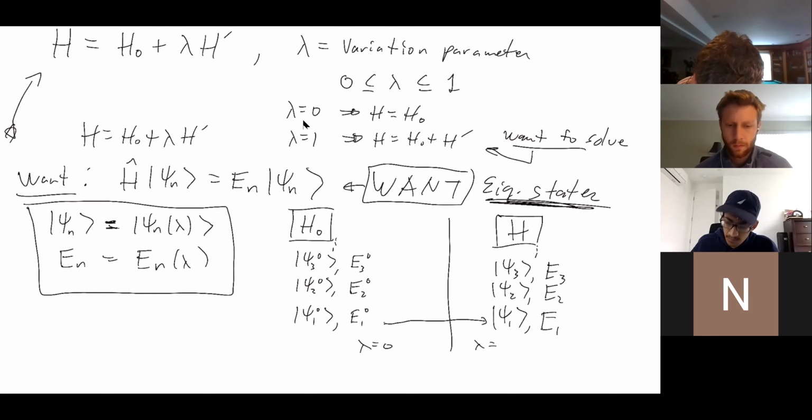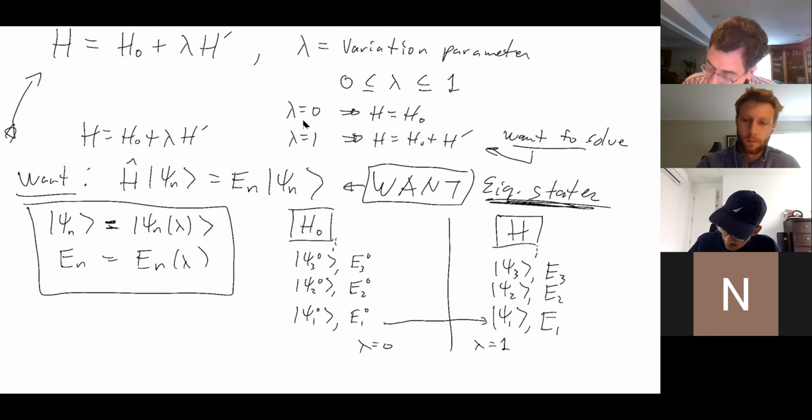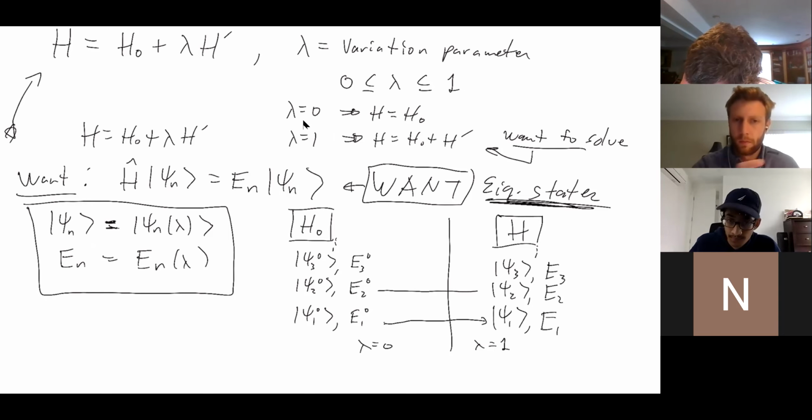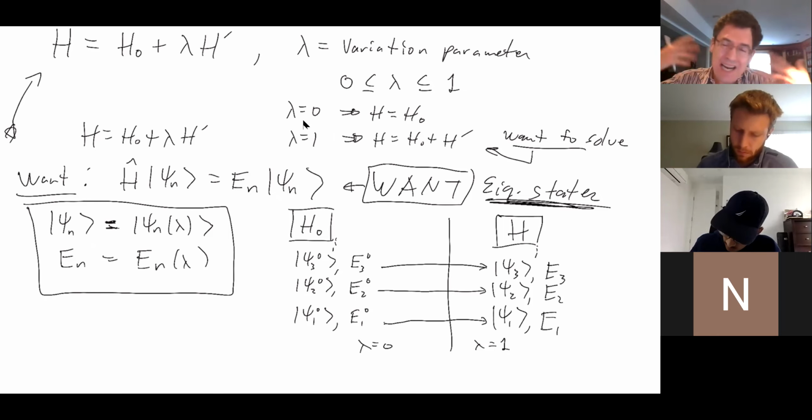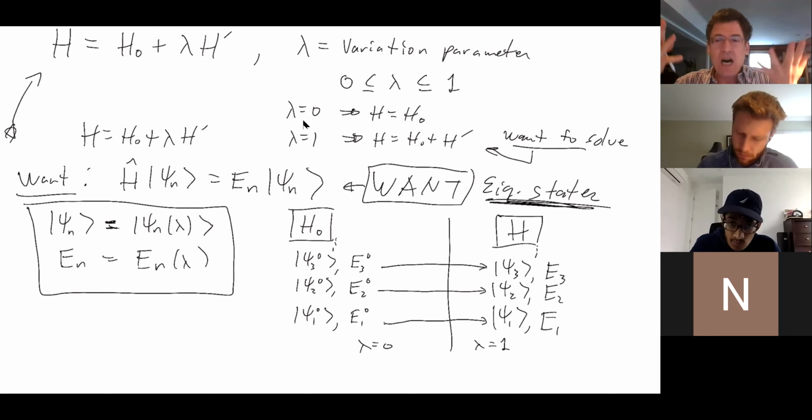Yes. Then each of these states is connected. I can transform continuously. This is kind of an abstract mathematical way of thinking about it, but this physical picture is the foundation that underlies perturbation theories. It's really important to think about it a little bit.